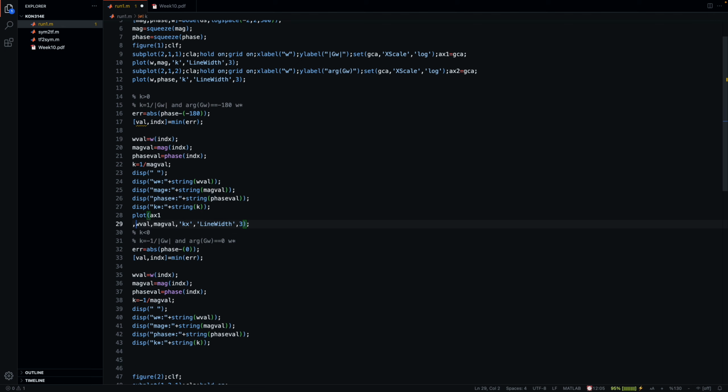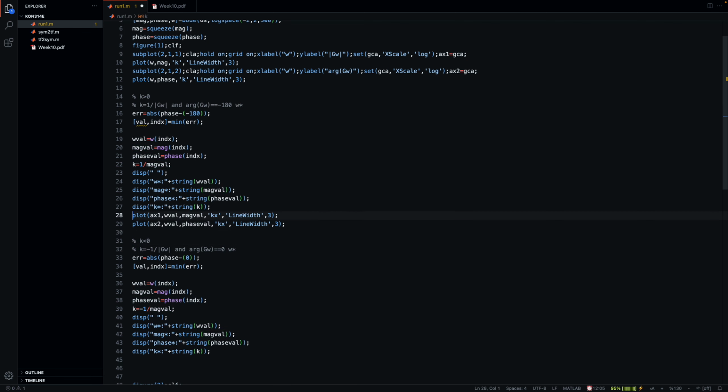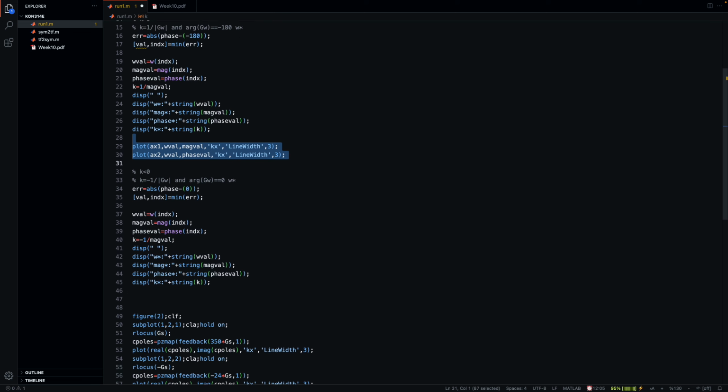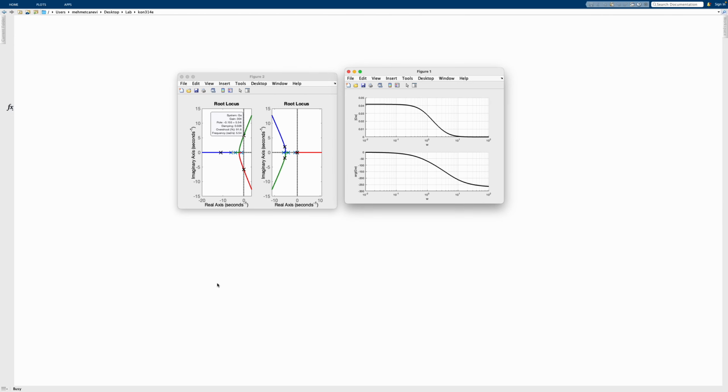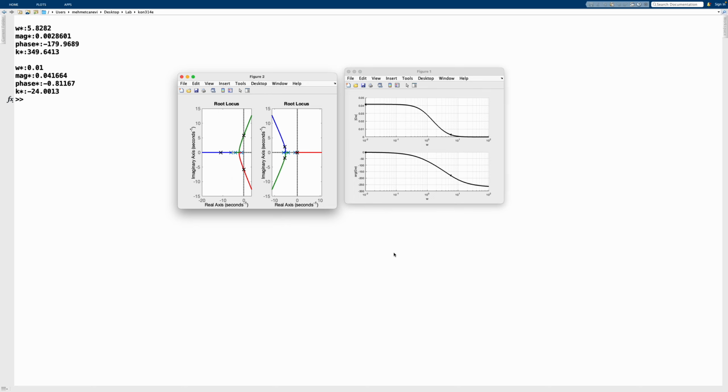This should go on axis 1, and ax2 should be phase val. Let's repeat it here. Let's run it again. Now you can see we've chosen this point here and also this point here.